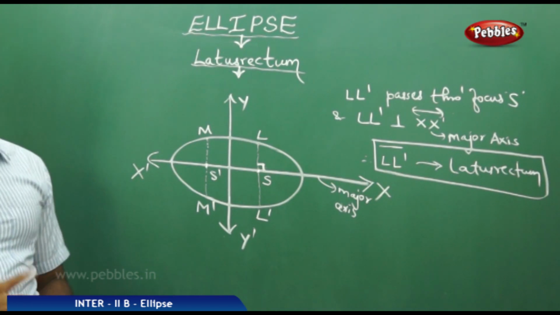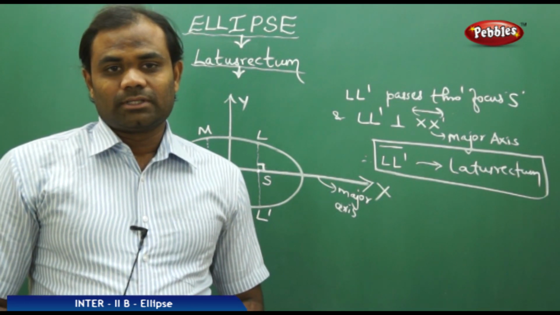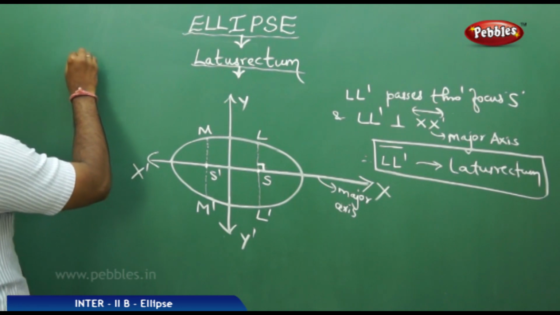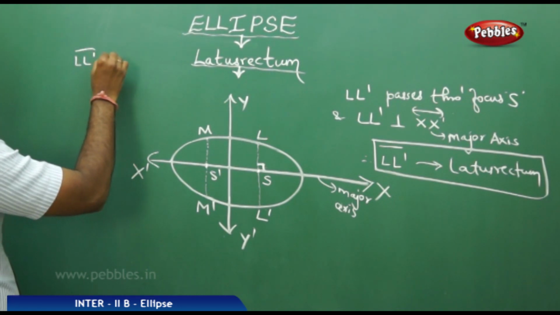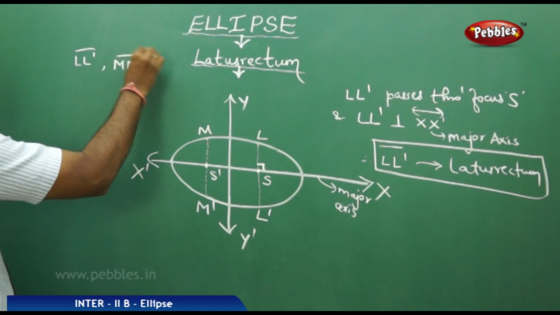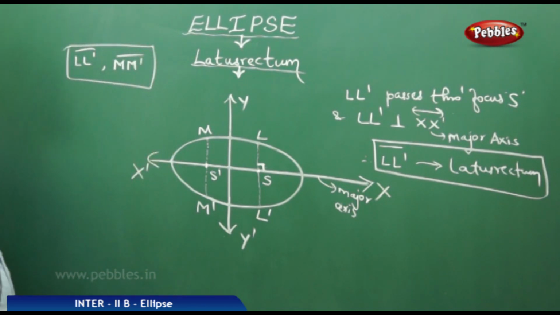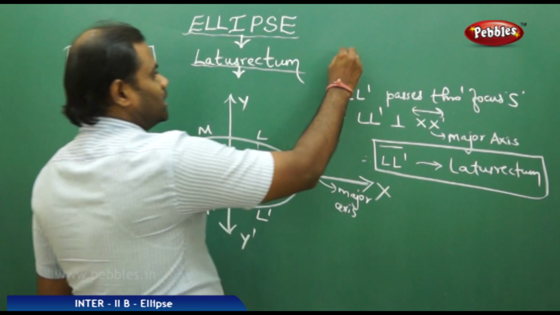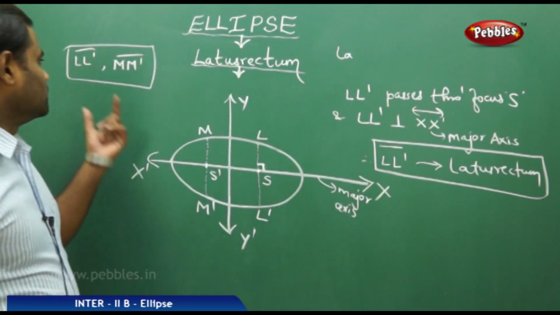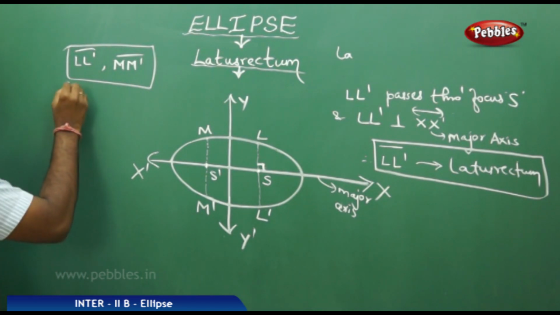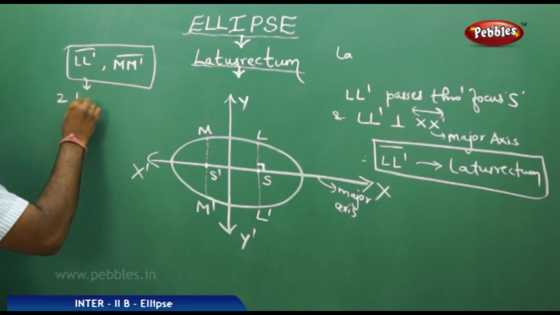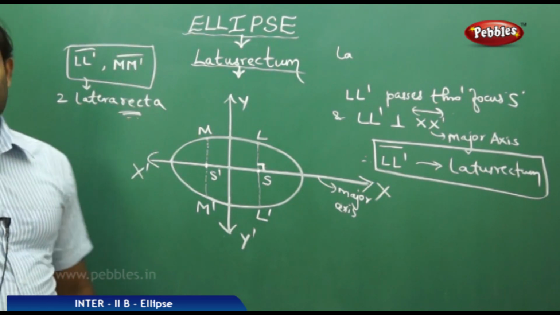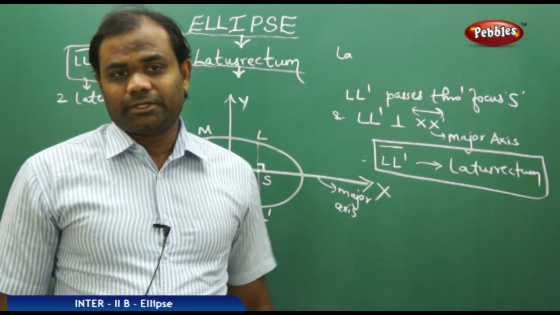So there exist two latus rectums for the ellipse which are perpendicular. This is how we understand the latus rectums for the ellipse. And the plural for latus rectum is latera recta. That is, there are two latera recta for the ellipse, LL dash and MM dash.